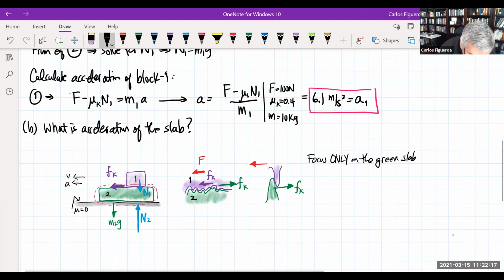what you're seeing here is that now I have the green slab here. And what you're seeing here is that purple now is acting on what? The green slab.